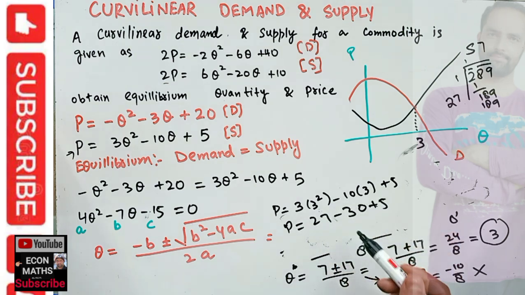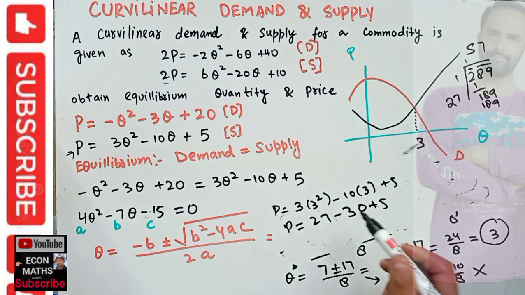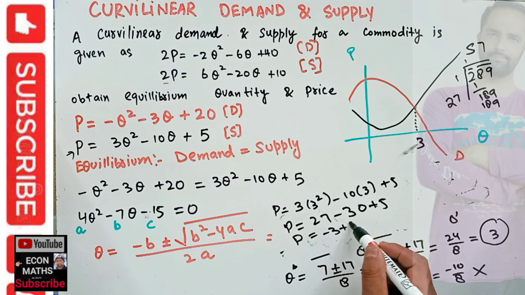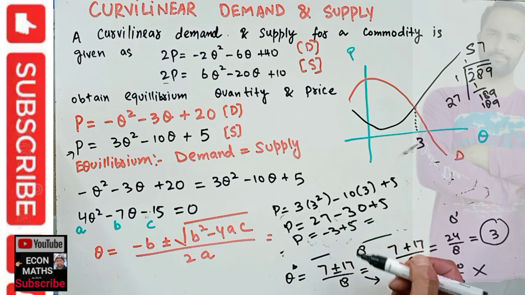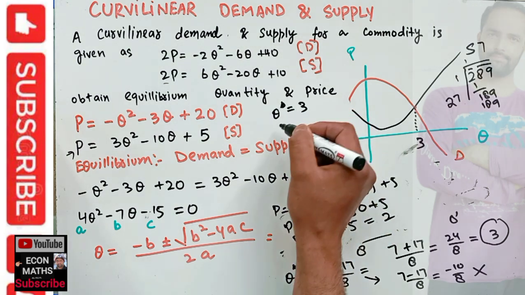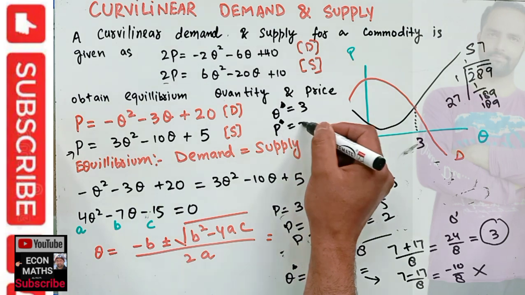So 27 minus 30 is -3, plus 5 is 2. So our equilibrium quantity is 3 and the equilibrium price comes out to be 2.